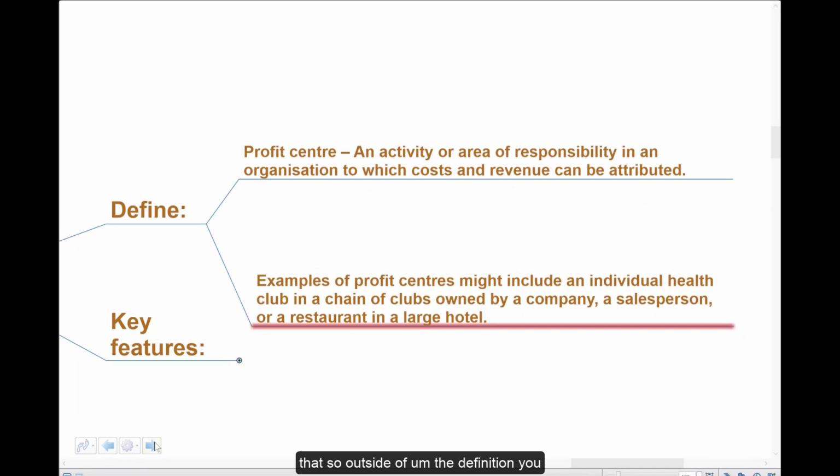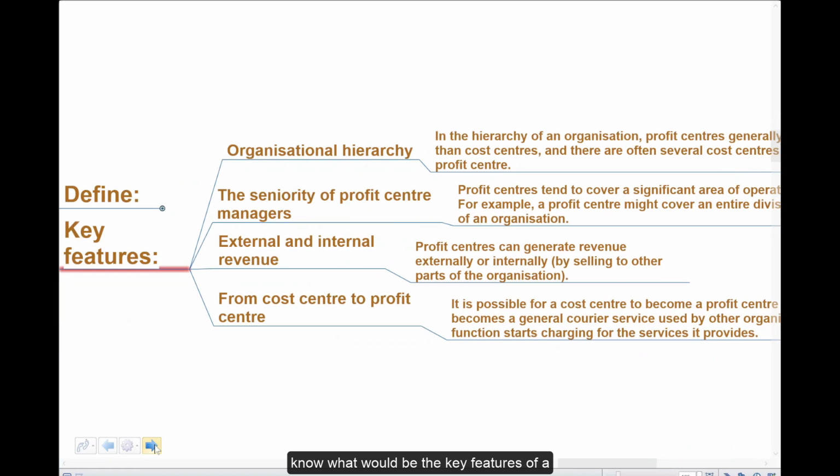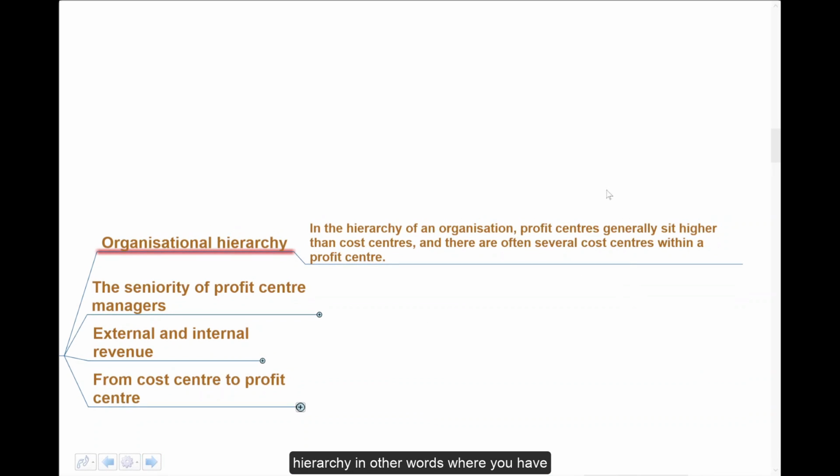So outside of the definition, what would be the key features of a profit center? Because certainly it sounds more highbrow, more high level. Well, first things first, most likely some level of organizational hierarchy. In other words, where you have profit centers, let's say it's a restaurant in a hotel, generally speaking, you would expect them to sit higher than cost centers.